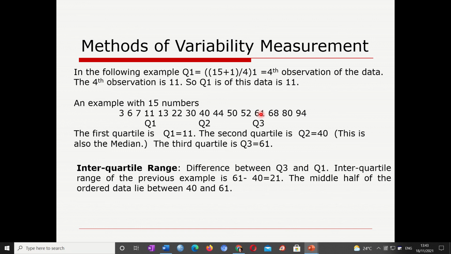And here you can see that this is the fourth observation, and if I count from the reverse side, 1, 2, 3, 4, the fourth observation from right to left is the third quartile, and the number is 61. Okay, these are quartiles. And we have another concept of interquartile range. This is the difference between the third quartile and the first quartile, and this is 61 minus 40, that's 21.